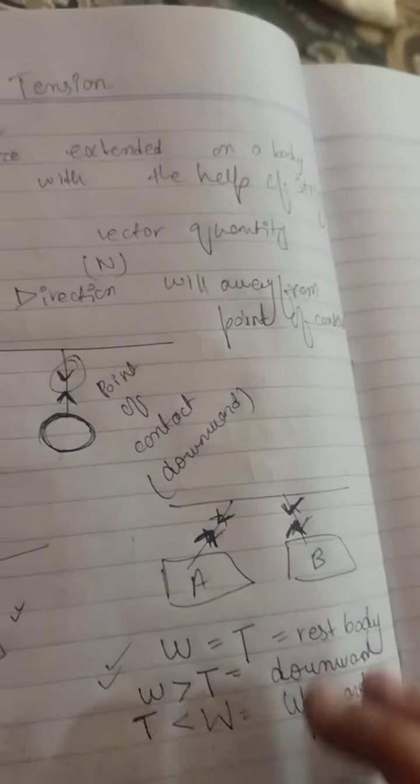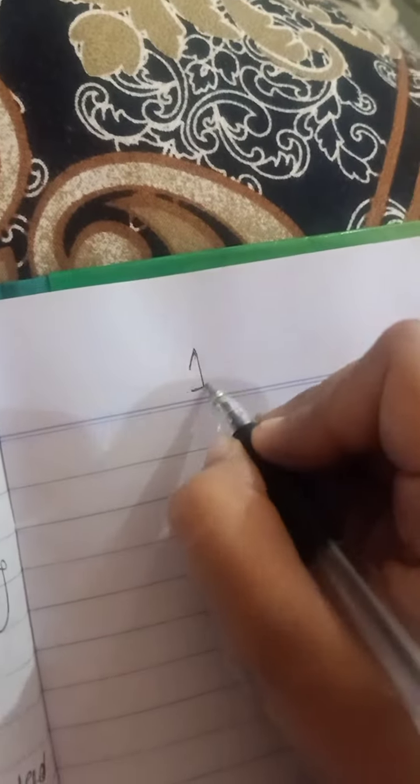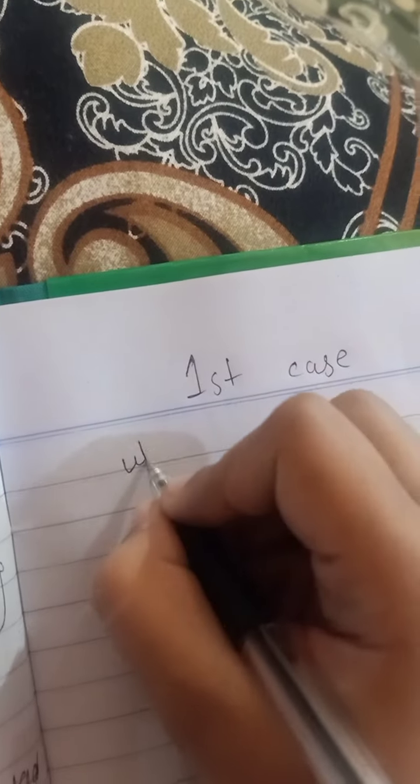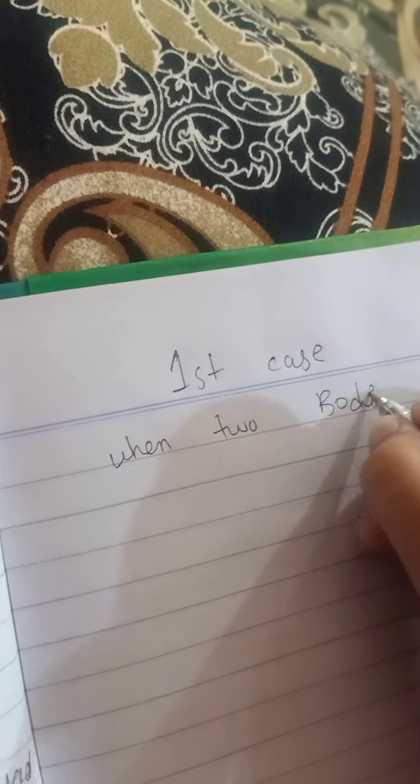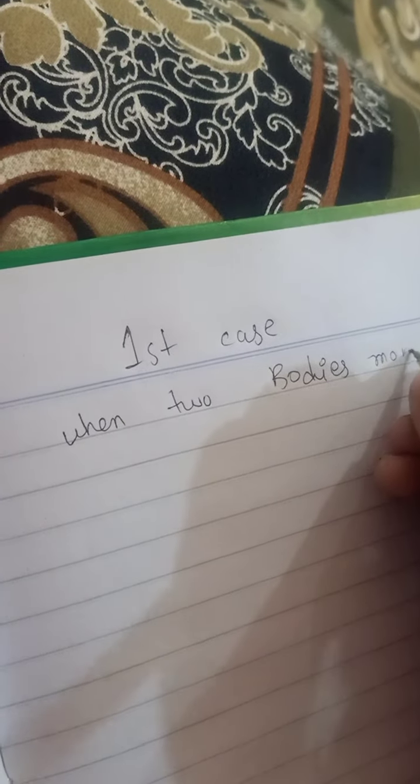In this video we'll be discussing one case only. The first case is when two bodies move vertically.